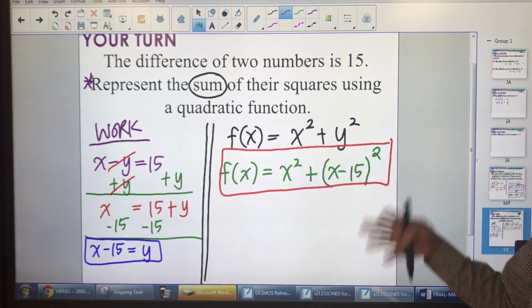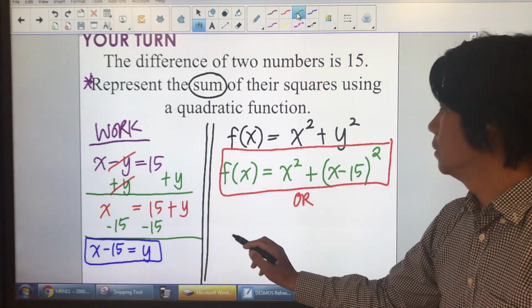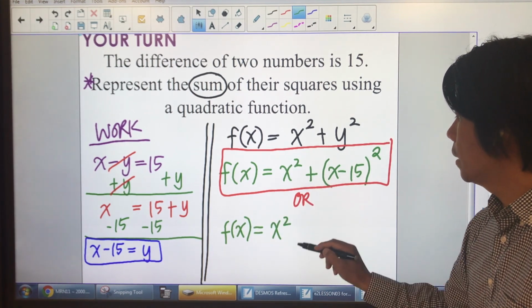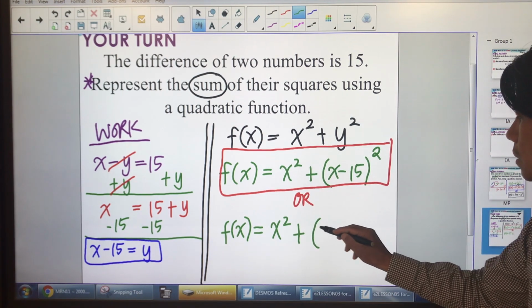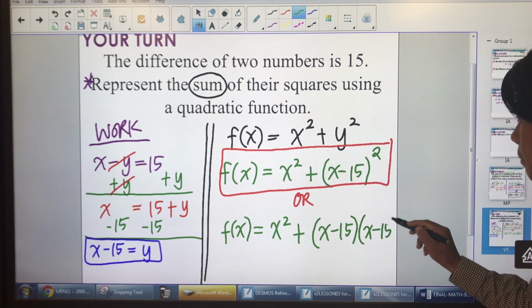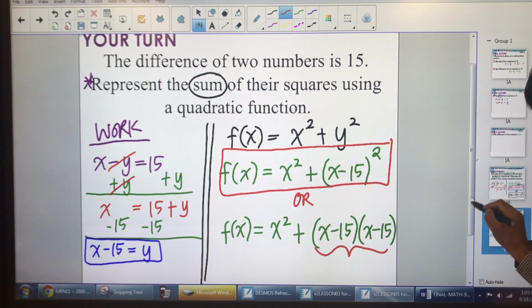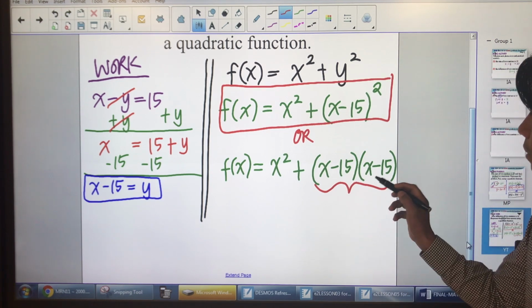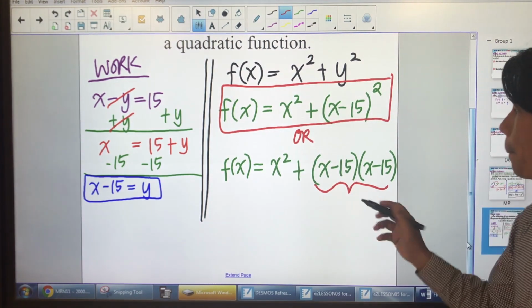However, if you need to simplify it further, we can write down f of x equals, again, bring that down, x squared plus, this can be broken down into two binomials. The product of x minus 15 times x minus 15. Now, from the previous lesson, I'm going to put that in the description box where I discuss how to multiply a binomial by a binomial using area model.